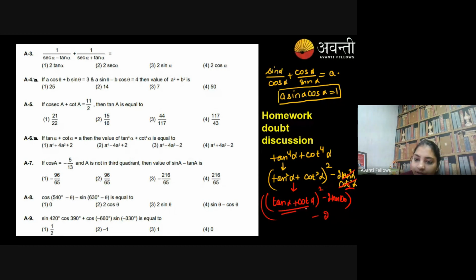What's the value of tan alpha plus cot alpha? That is a. So a square minus 2, that's whole square minus 2. Then a raised to power 4 plus 4 minus 4a square minus 2. I guess you got the answer: a raised to power 4 minus 4a square plus 2. Any option is there? Option B is there. Clear?